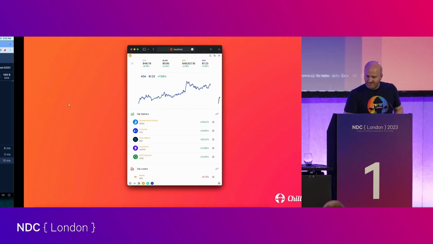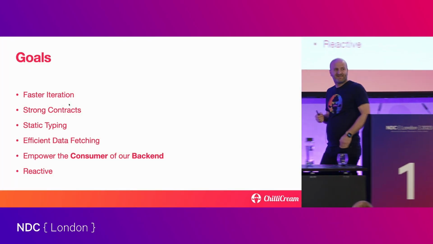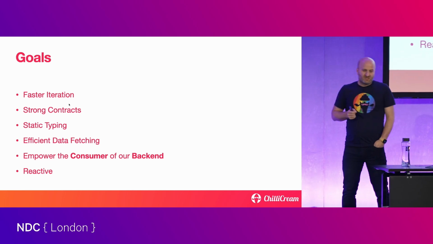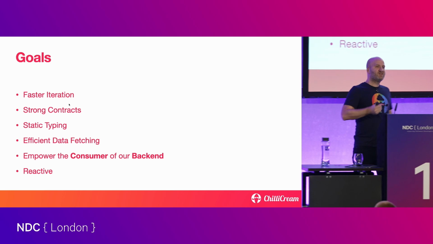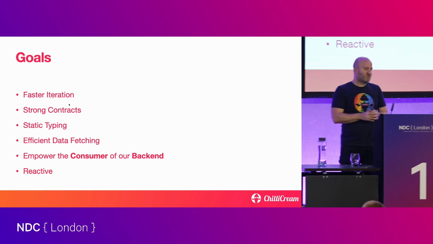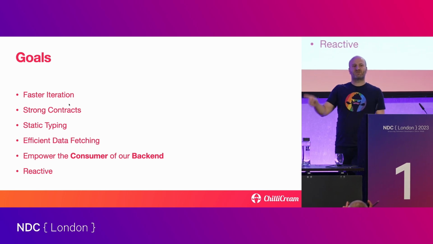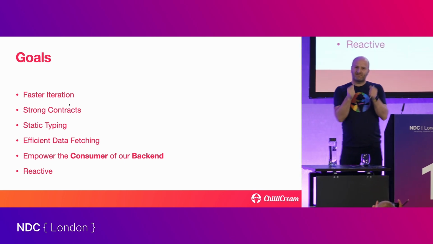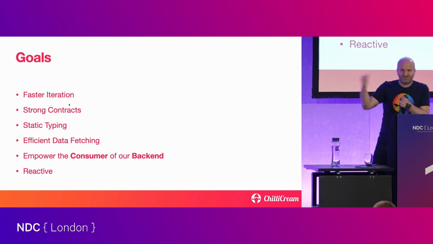Okay, so let's see how we can build the backend for that. What do we want to reach with GraphQL? We want to have a faster iteration between front-end and backend, because we want to enable the front-end developer to not have to go to our backend engineer every time to get a specific optimized GraphQL or REST request.